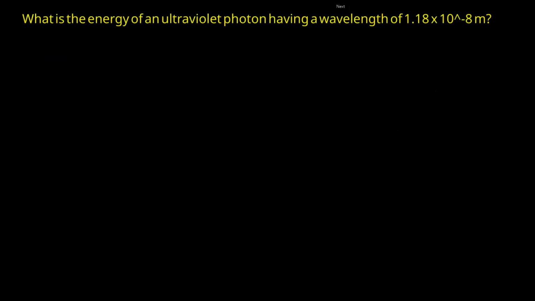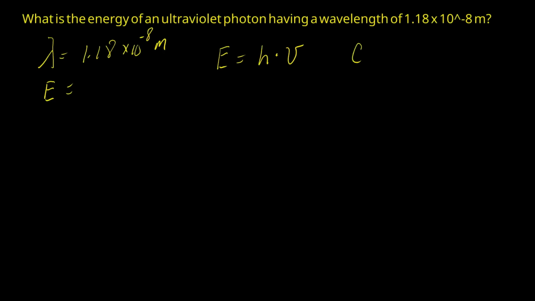So what's the energy of an ultraviolet photon having a wavelength of 1.18 times 10 to the negative 8 meters? We're looking for energy. Okay, so we're going to take this formula that we just used. We're going to modify it a little bit, because we know that if C equals lambda times nu, then nu equals C over lambda.